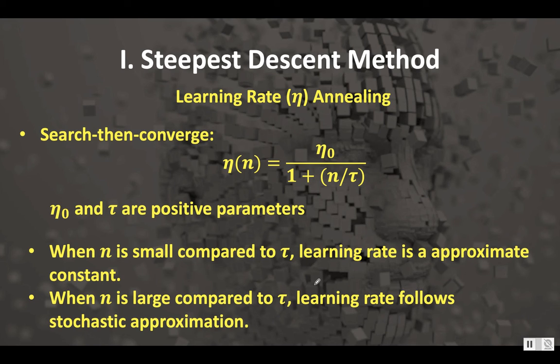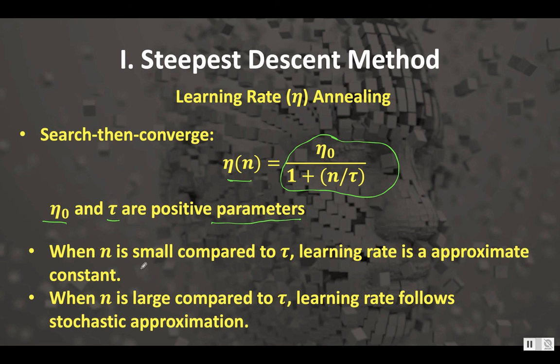Or we can define a more elaborate way to calculate the learning rate. That is eta n equal to eta 0 over 1 plus n over tau. Here, eta 0 and tau are positive parameters, and n is the iteration.